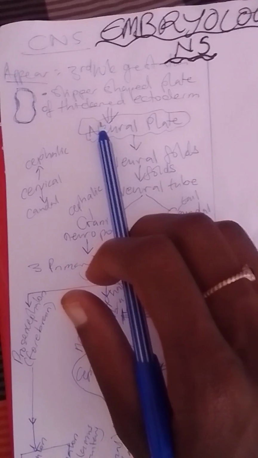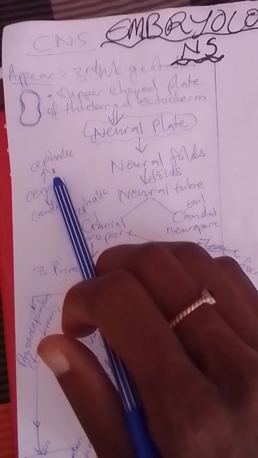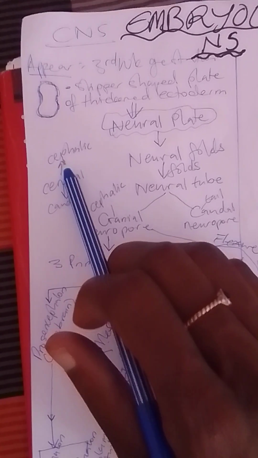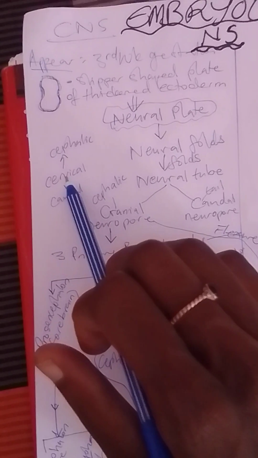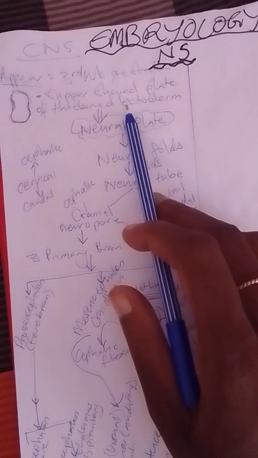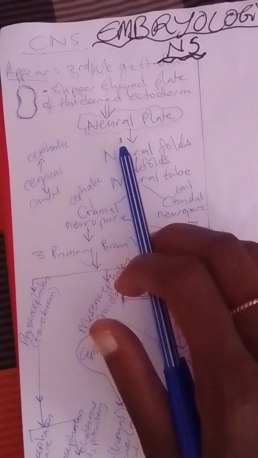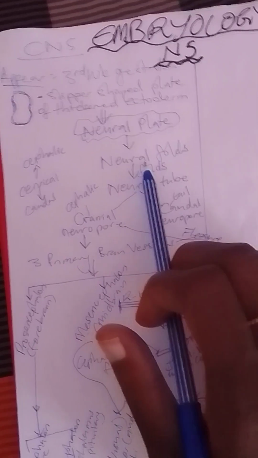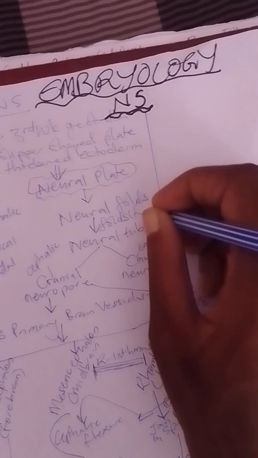Folding begins from the neck area, the cervical, toward cephalic and toward caudal. First we have the neural plate, which is the thickened slipper-shaped ectoderm. It forms neural folds, and these neural folds fuse.